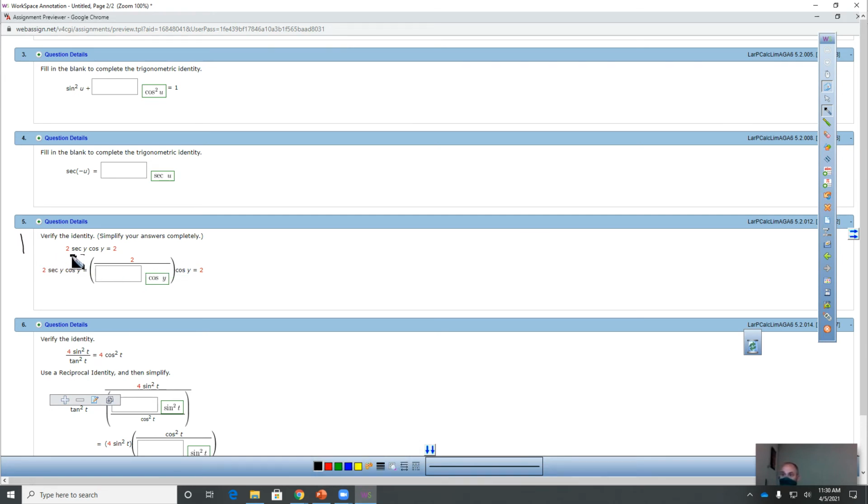Let me see if I can just rewrite it. So what it's given us is 2 secant of y cosine of y equals 2.